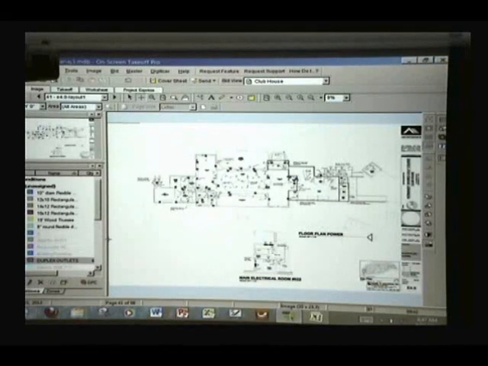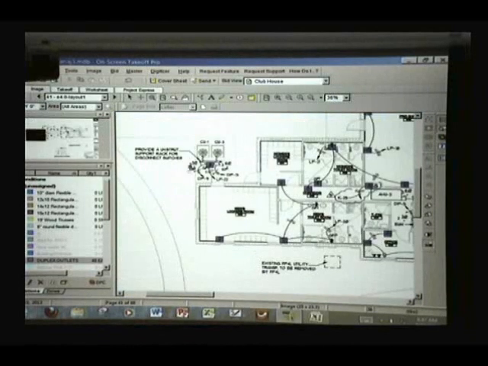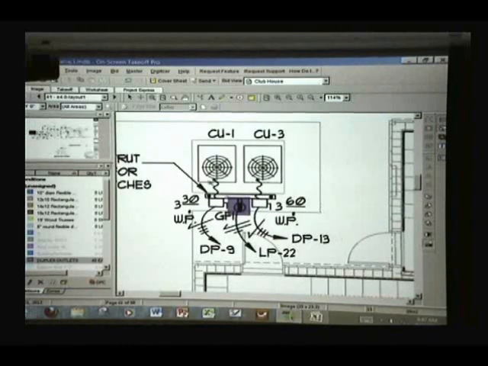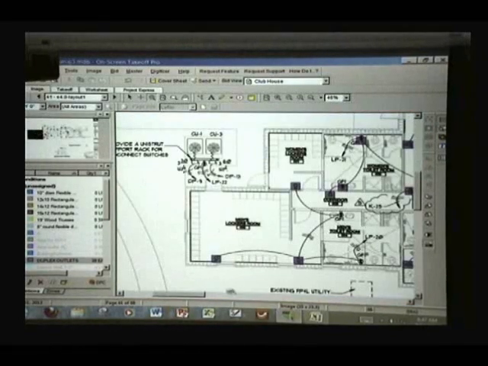I got 40 of these things. This is a GFI, so I'm going to delete that one. All right. And then maybe start scanning the drawing from left to right.